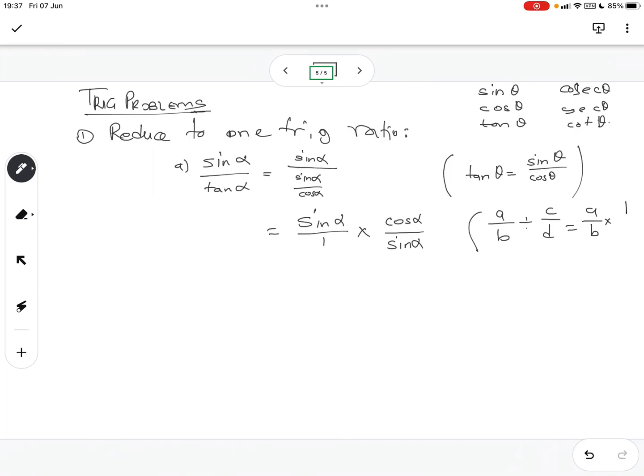Why? Because when we have A over B divided by C over D, this equals A over B multiplied by the inverse of the denominator. And these divide to give 1, and we're only left with cos alpha. So at this point, we ask ourselves, did we meet the goal of reducing this expression to one trigonometric ratio? Yes, we did. And we'll get full marks. Full marks. Alright?